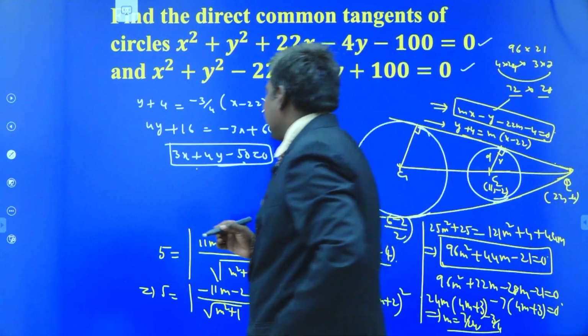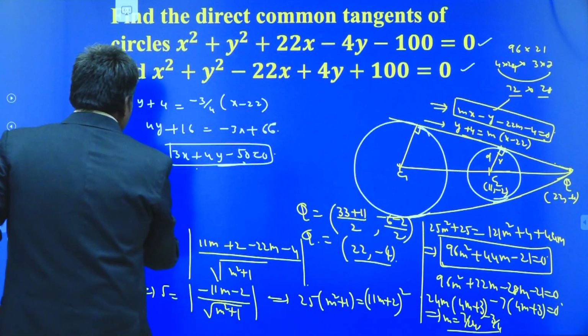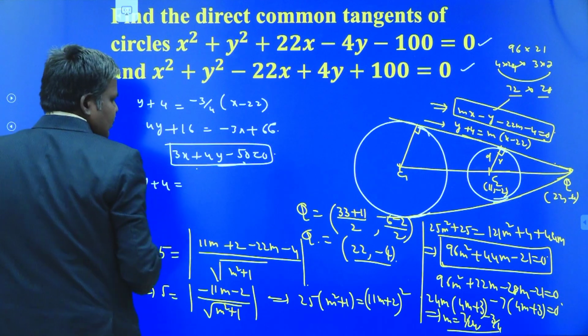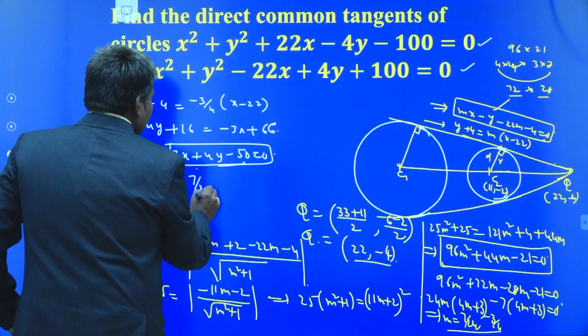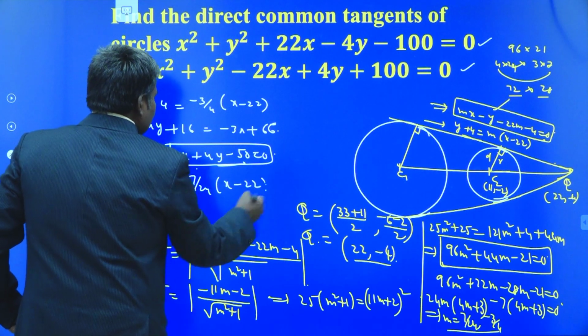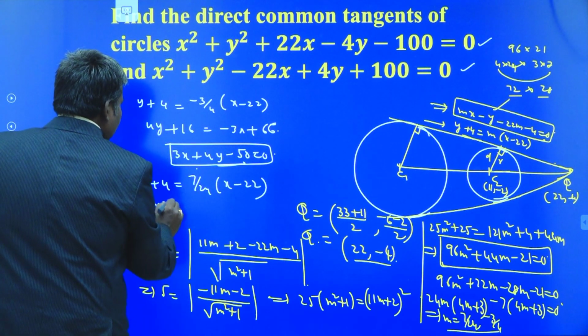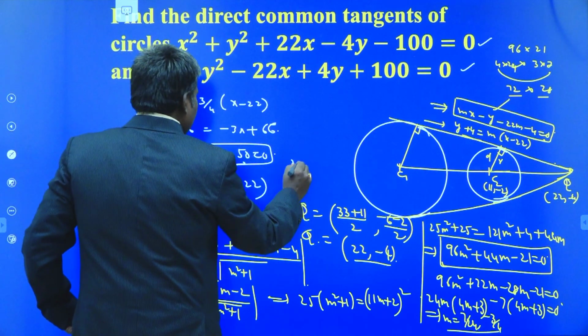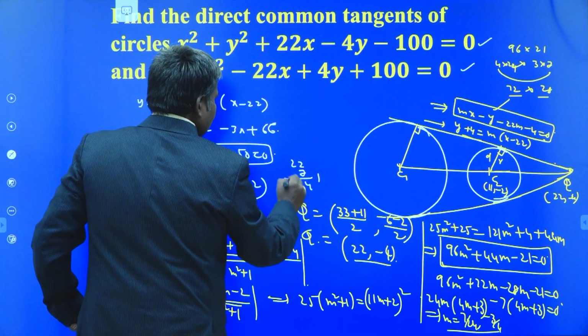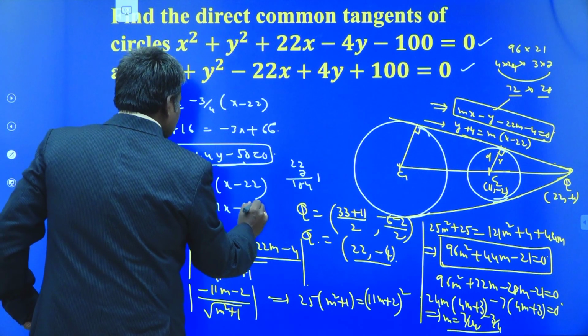Next, another common tangent is obtained by y plus 4 is equal to, what is m here? 7 by 24. 7 by 24 times of x minus 22. 24y plus 96 is equal to 7x minus 22 sevens, 154. Minus 154.